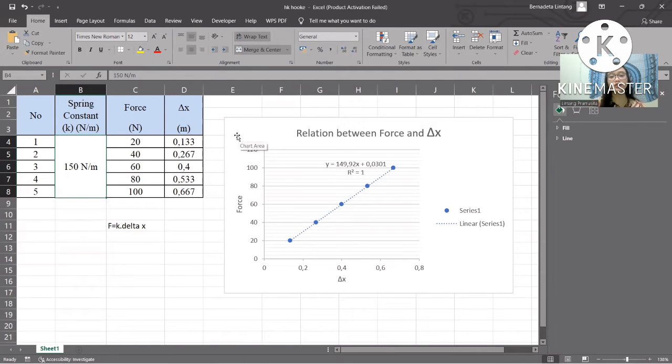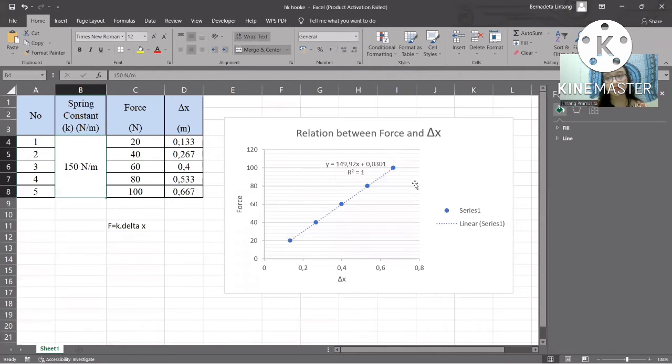And we can use the data that we got before to make a graph of the relation between the force and delta x, or the displacement value of the spring.